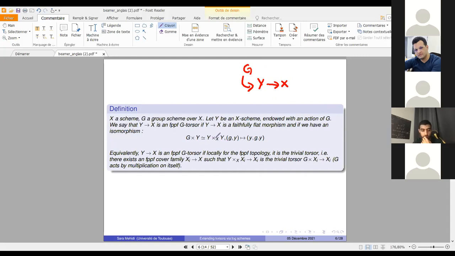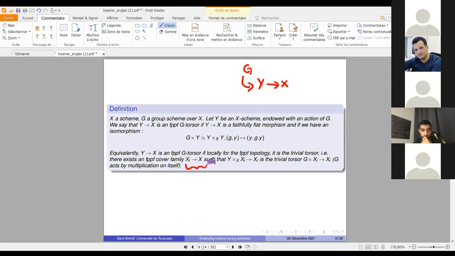And in an equivalent way, we say that this is an equivalent definition. We say that Y over X is an fppf G-torsor if locally for the fppf topology, this is a trivial torsor, which means that locally we can find an fppf cover.